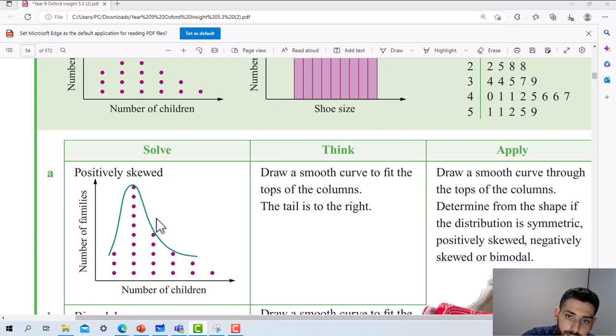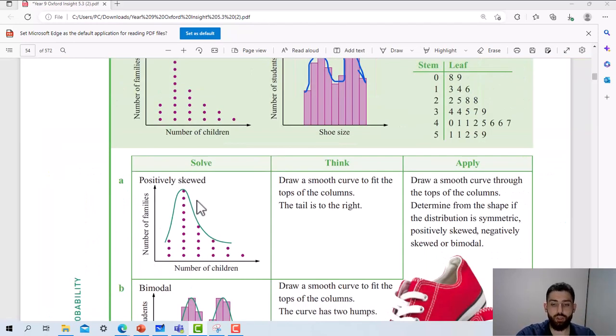And we can know from this type of graph that this is positively skewed data because most of the data are on the left hand side. So first you need to think about the data. You need to draw that data on the x and y axis, and then based on your information you need to figure out what the type of the distribution is.